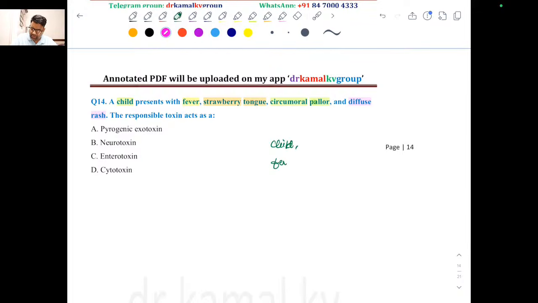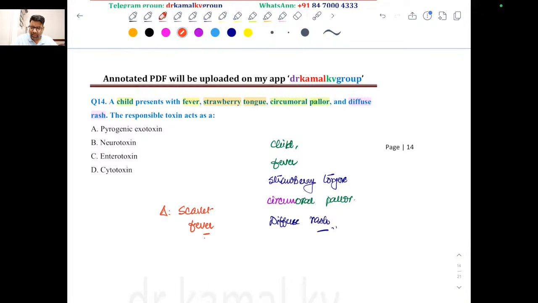So a child is having fever, then strawberry tongue, then circumoral, around the mouth, so circumoral pallor and diffuse rash. So what is this condition? This condition is scarlet fever.